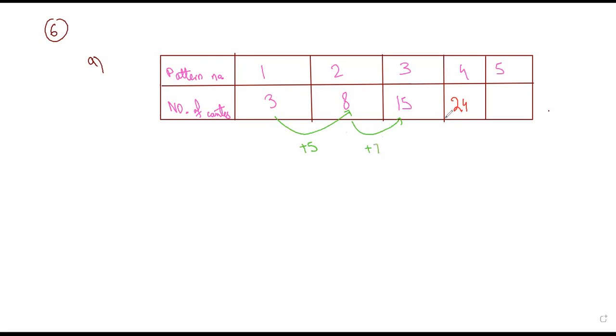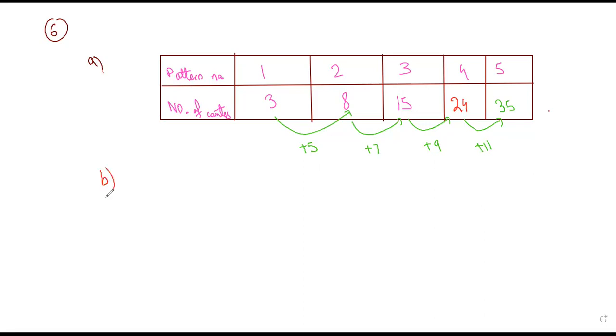From 15 to 24, we need to add 9. So next time we'll be adding 11, and that will give us 24 plus 11 is 35, right? Okay, very good. Let's talk about the second part.